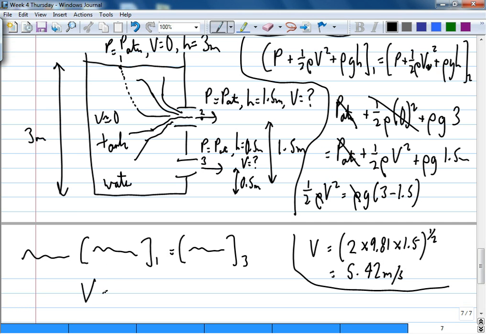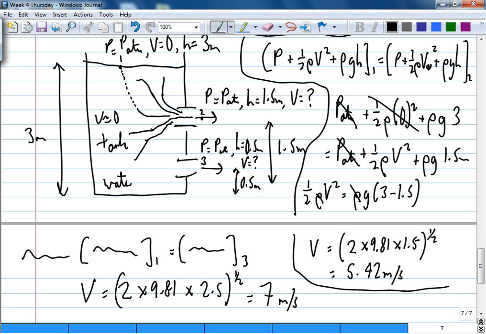So V is equal to the square root of 2 times 9.81 times 2.5, the half. What's the answer here? You do exactly the same, except from point 1 to point 3. The only difference is 0.5. What's the answer? 7 meters per second.